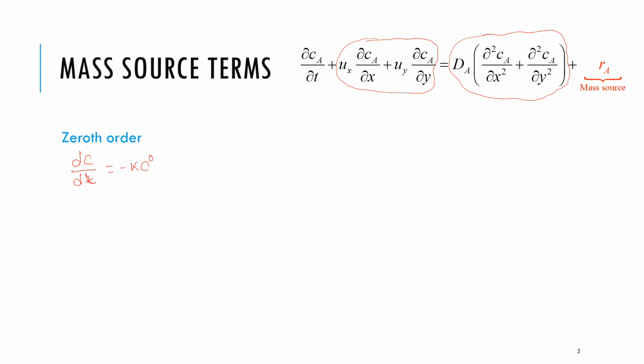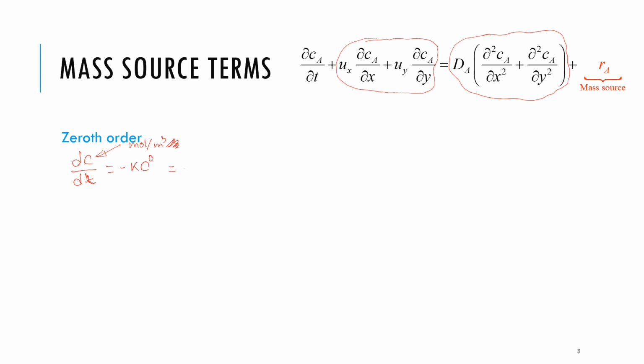And in terms of the units, if the rate dc/dt is normally in moles per meter cube per second, then c to the 0 would be just moles per meter cube to the 0, dimensionless.